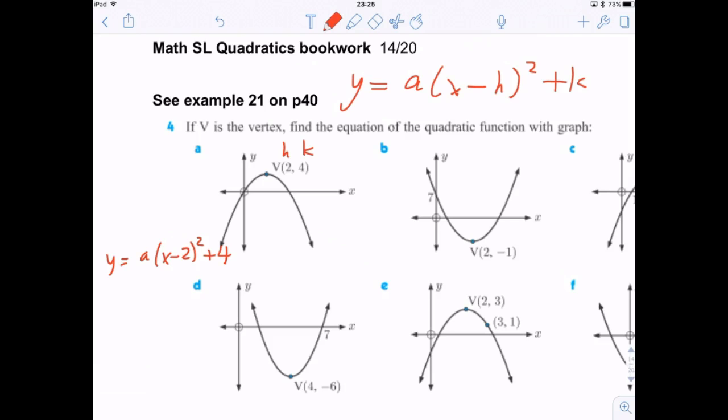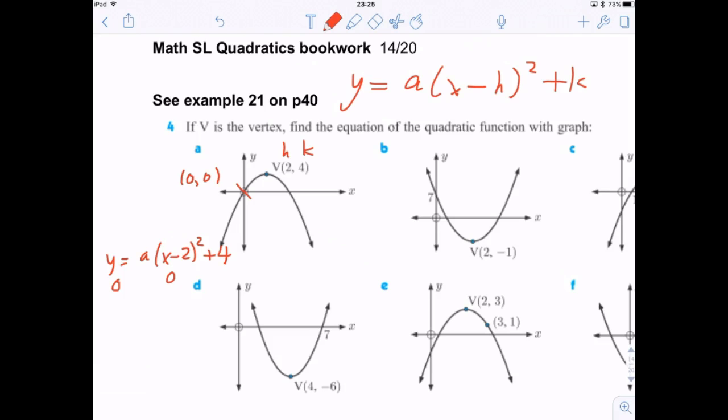Well, kind of like what we did before. If we have an intercept, and here it looks like the intercept is 0, 0, that would be the x-intercept and a y-intercept. We can put 0, 0 in the equation and then see what value of a is going to make that true. So we're going to put 0 here and 0 here.